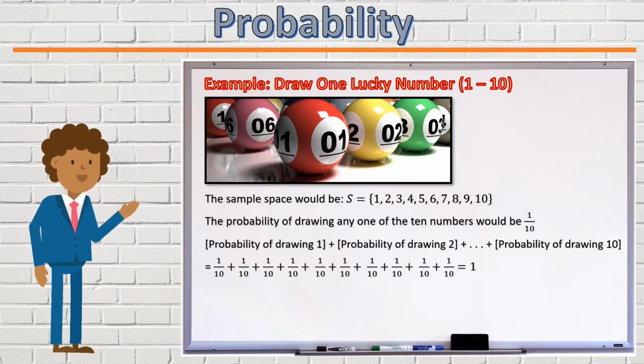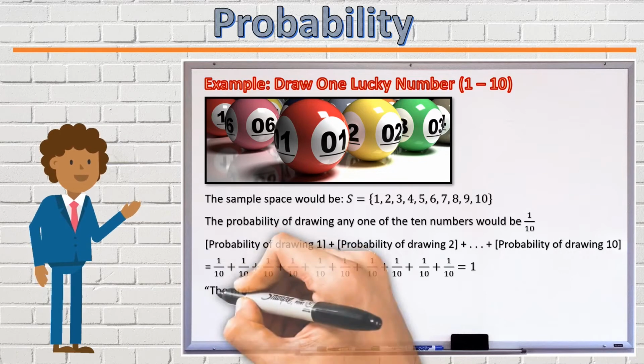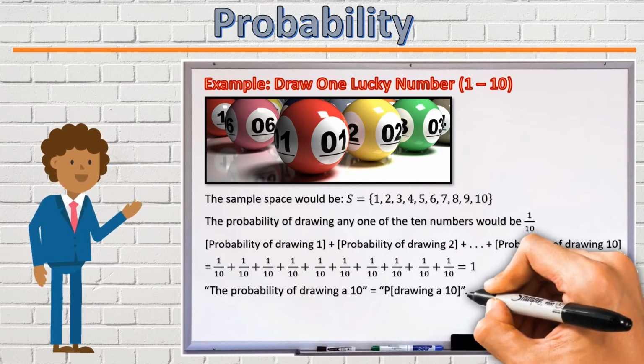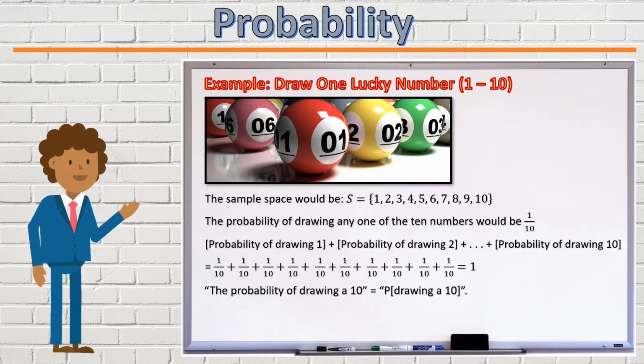In the study of probability, the proper use of notation can greatly simplify the computation of many problems. We abbreviate the words "the probability of" by a capital P. We can then write the probability of drawing a 10, for example, as P(drawing a 10).